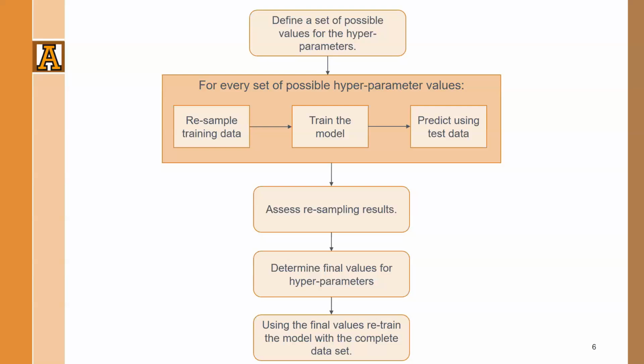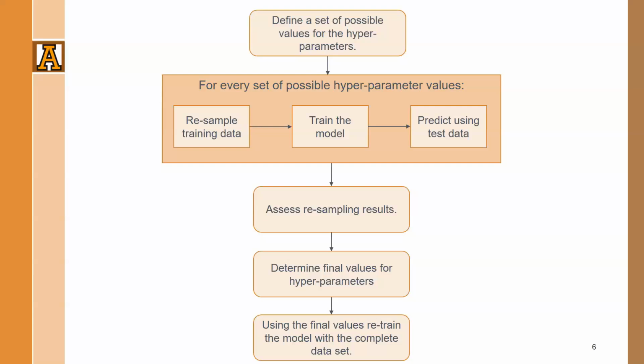And what we do then with the training data, this is all done with the training data, not with the test data or validation data, is resample the training data, train the model, and predict using the test data from the resampling scheme. It's not clear in this picture, but we're using the test data from the resampling scheme. We assess the resampling results and determine the final values for the hyperparameters. So that will be the general procedure.